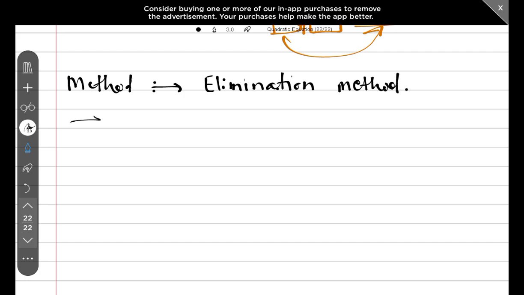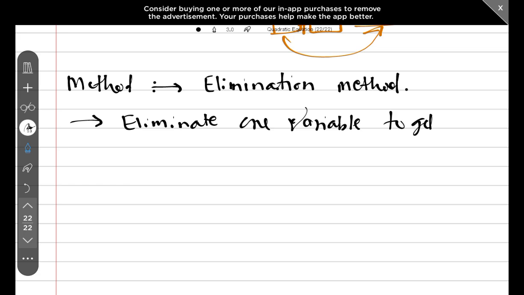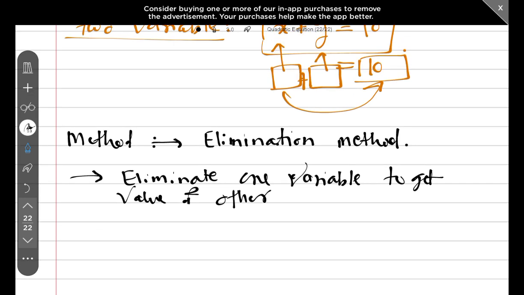It means we have to eliminate one variable to get the value of the other variable.